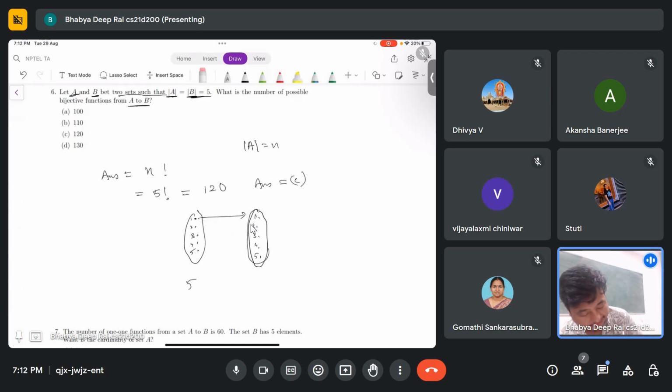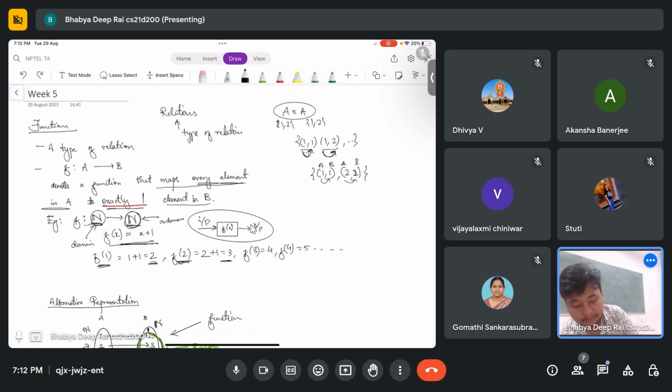Now let's say I choose this choice. For 2, how many choices do I have? For 2, I cannot map to the one already used, because as soon as I do, this function stops being a bijective function, because it will stop being a 1-1 function. So we only have 4 choices left now.